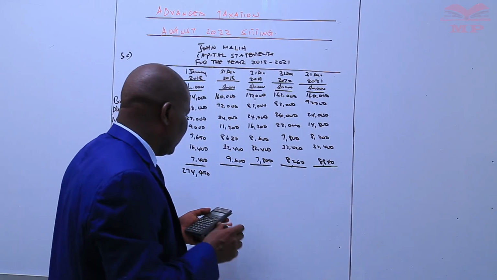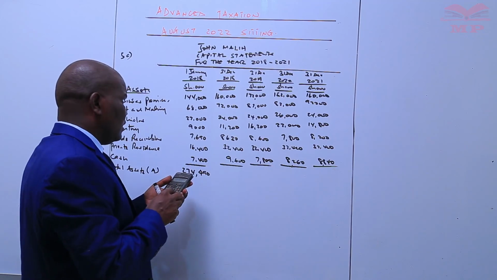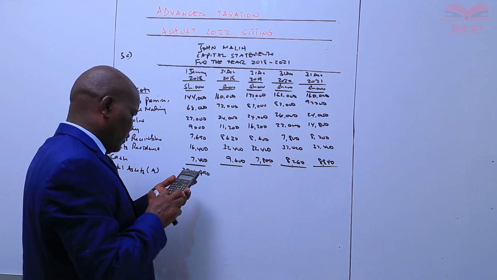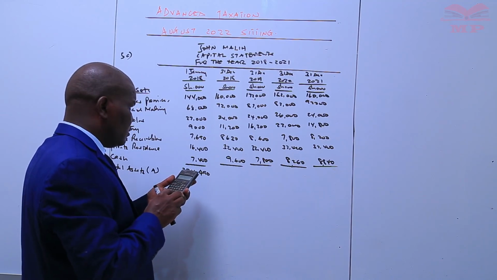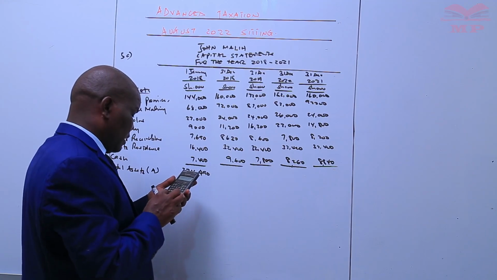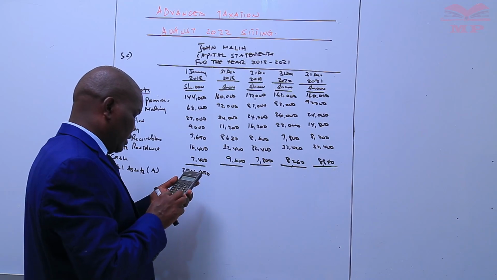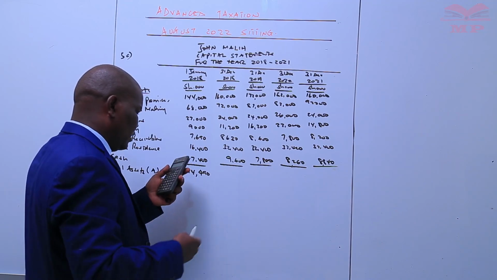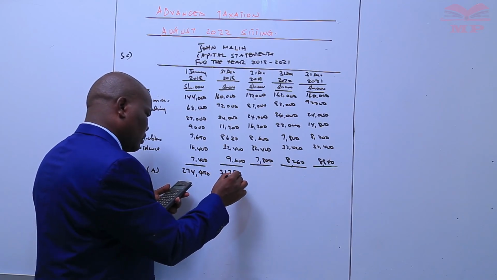Yes, 274,490. 2018 December, 160,000, 72, 24, 11,200, 8630, 32,400, and 9,600. I'm getting 317,830.